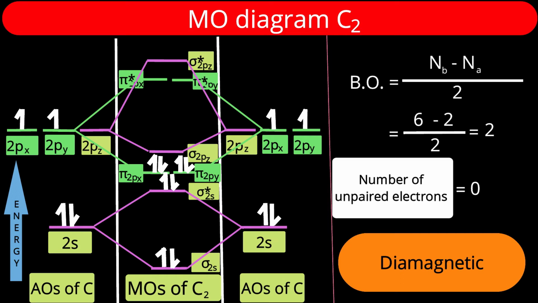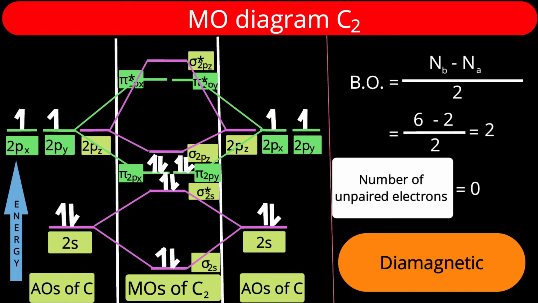So for bonding, degeneracy is there, and for antibonding also, degeneracy is there. So the energy levels for the molecular orbitals established due to 2p orbitals: the lowest are pi 2px and pi 2py. Next sigma 2pz, next pi star 2px and pi star 2py, degenerate orbitals, and last sigma star 2pz.